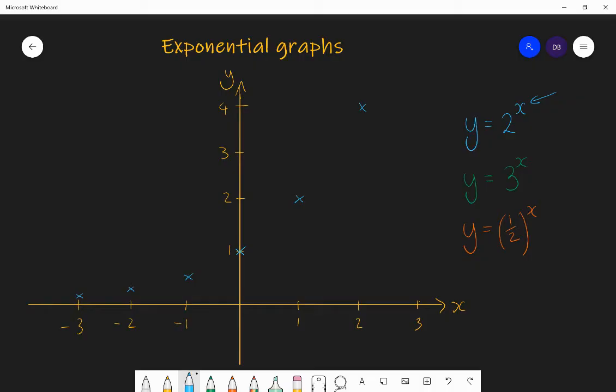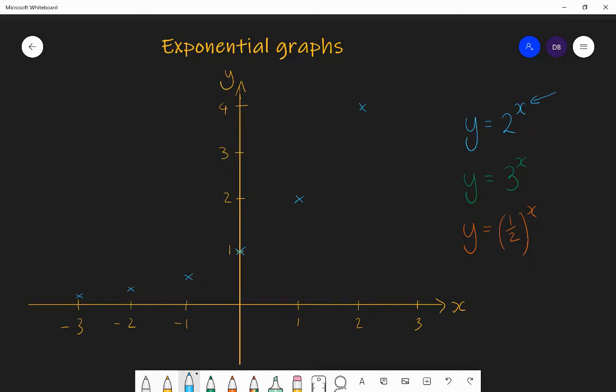So the x-axis for an exponential function is called an asymptote. It's a value which the graph approaches but never reaches. So you will never get y equaling 0 for any of these simple exponential functions.